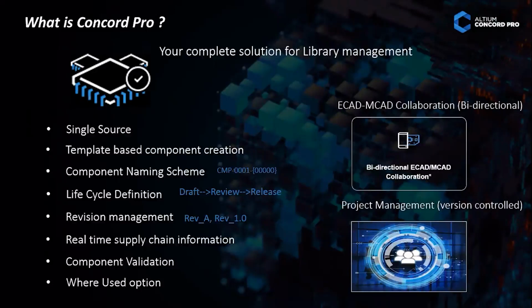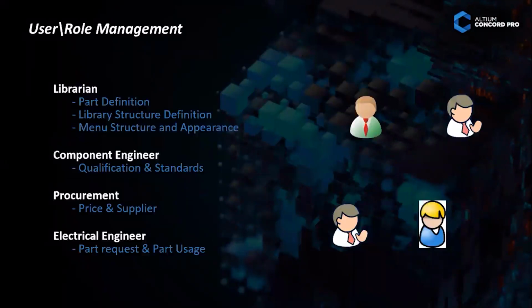Now we will see the next slide. So, user and role management. Generally, in some companies there will be a librarian who will create the components, and he will define the folder structure, as per the component type he will maintain the folders, and he will create and keep the components inside the folder. And there will be a component engineer.